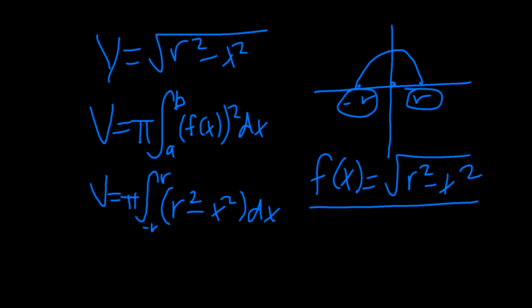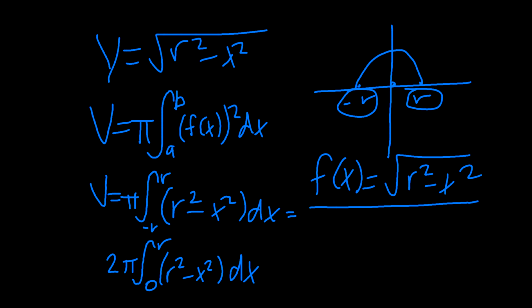Now, since the sphere is a completely symmetrical figure, we can just take the integral from 0 to r as long as we multiply the volume by 2. So we're basically taking half of the sphere and multiplying it by 2, and I put the 2 out in front. And then we just write this again.